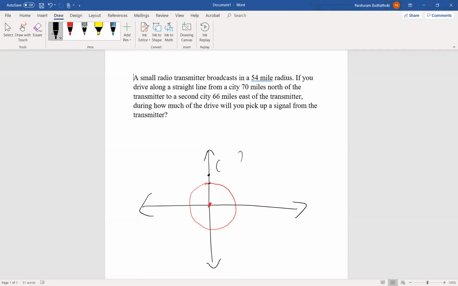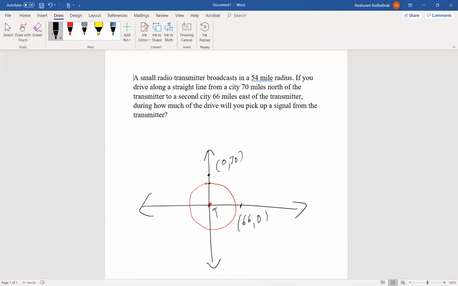So on the y-axis we can write it as (0, 70). And you want to go from this point to the point 66 miles east of the transmitter. So the coordinate for that point would be (66, 0).